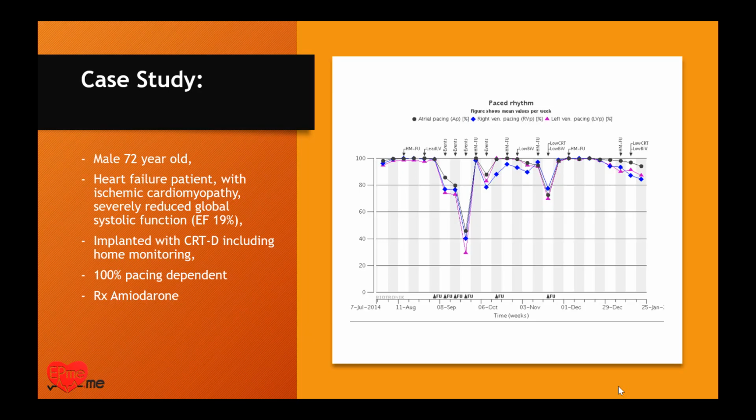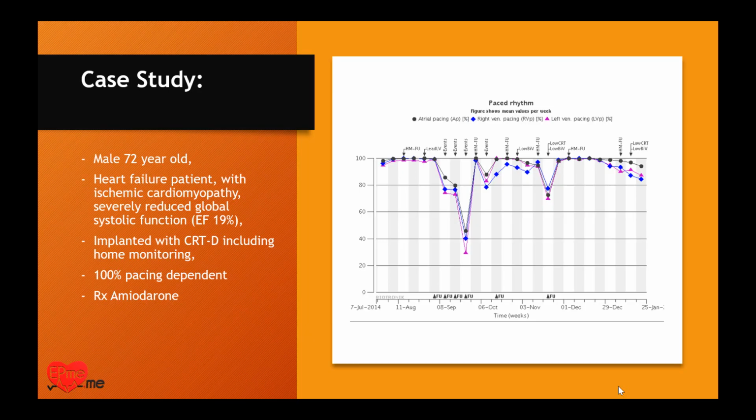Now, this patient is implanted with a CRT-D. What is that? That's a defibrillator. That's also a pacemaker, that's a CRT. CRT is cardiac resynchronization therapy. These patients, we want them to be paced 100% of the time.